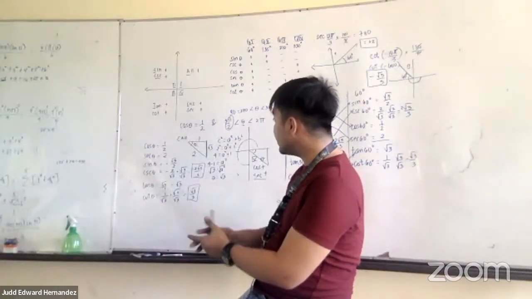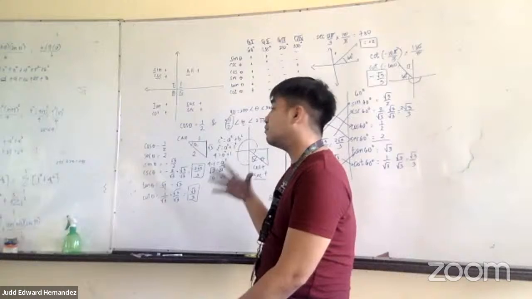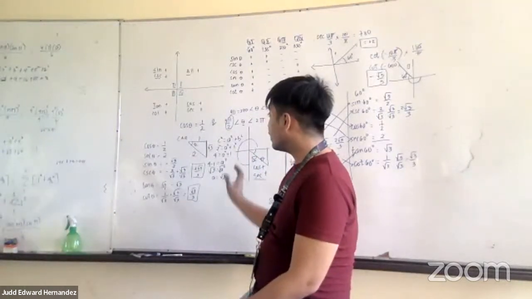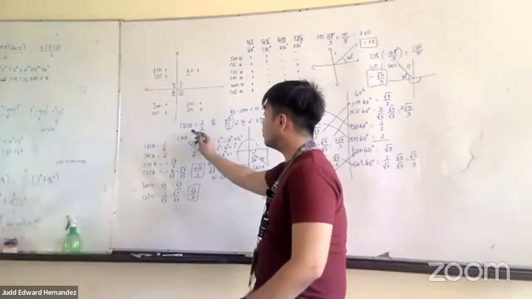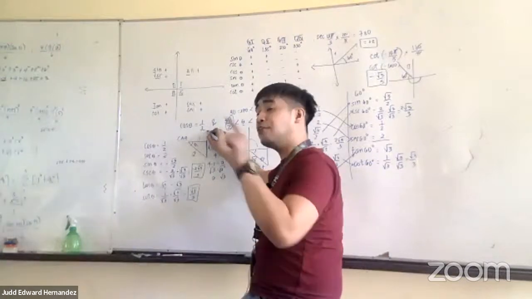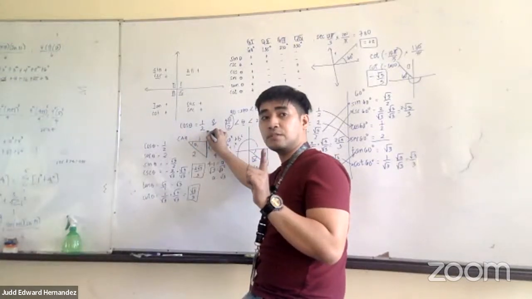Questions. And that is how we get the other circular function values of x if we are given condition. Pag sinabi cosine theta, dapat dito pa lang, pag sinabi na agad yung cosine theta, ano dapat yung una mong ma-solve?